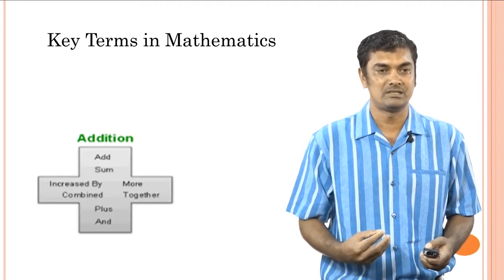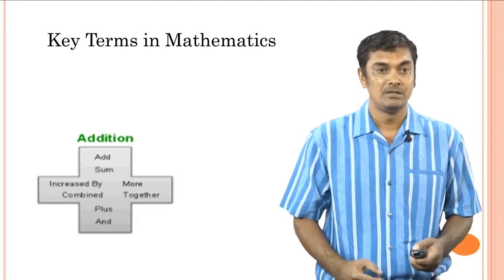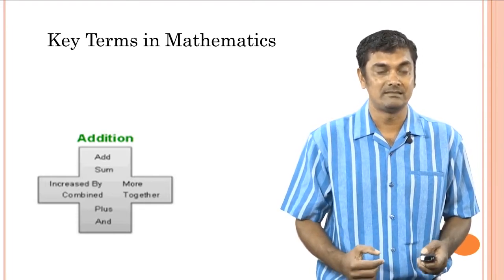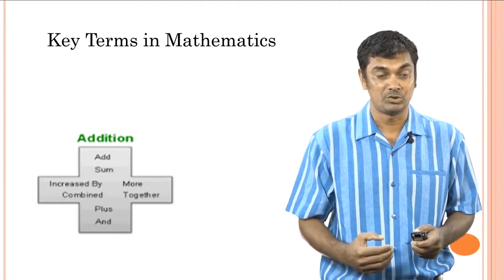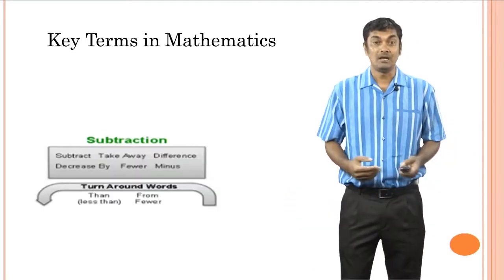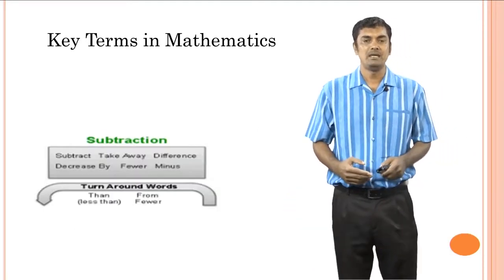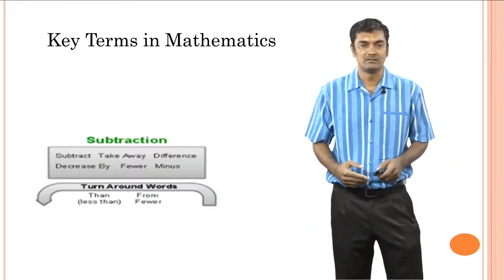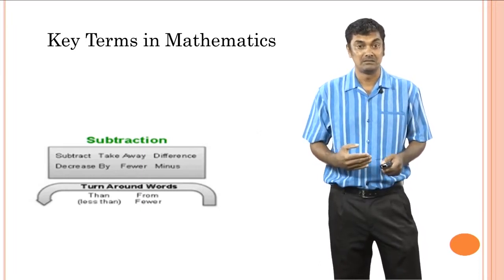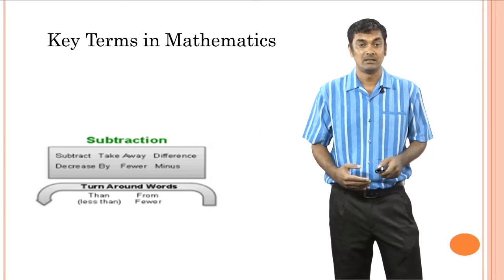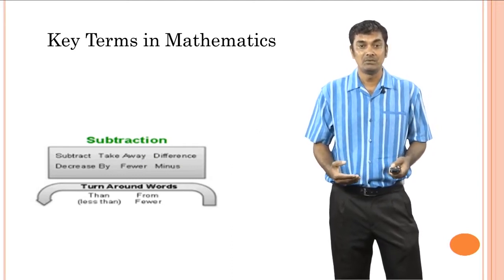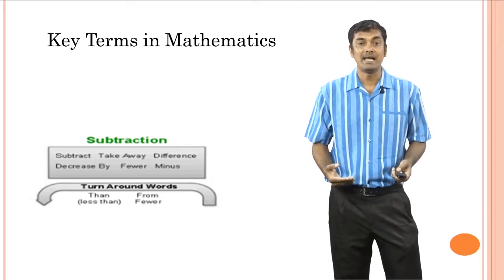As you shall see later, we're going to use these terms to extract and write mathematical phrases. Subtraction. When we make mention of subtraction, what exactly do we mean? We mean take away, the difference of, decrease by, fewer, or minus.